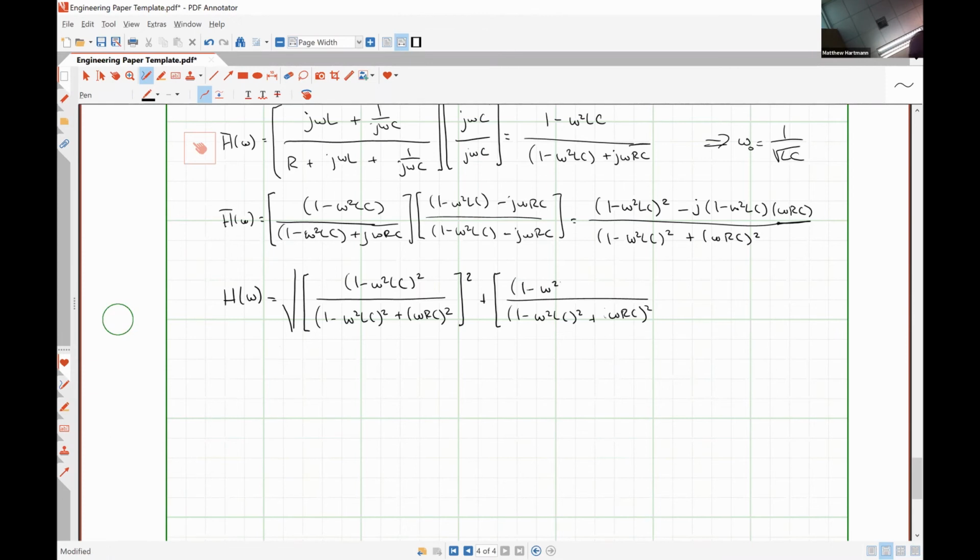So we're going to have 1 minus omega squared LC squared, plus omega RC squared.